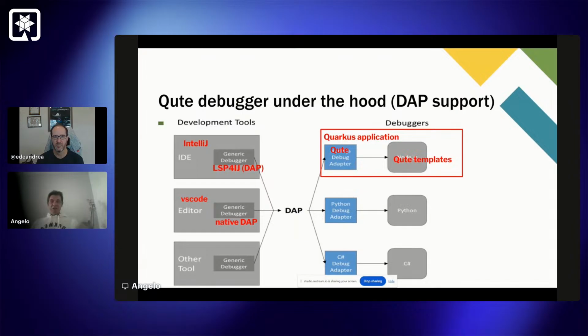IntelliJ with LSP4IJ and VS Code communicate with the Qute debug adapter, which is hosted in a Quarkus GitHub project. The Qute debug adapter runs in the Quarkus application, and after that, you can debug a Qute template.